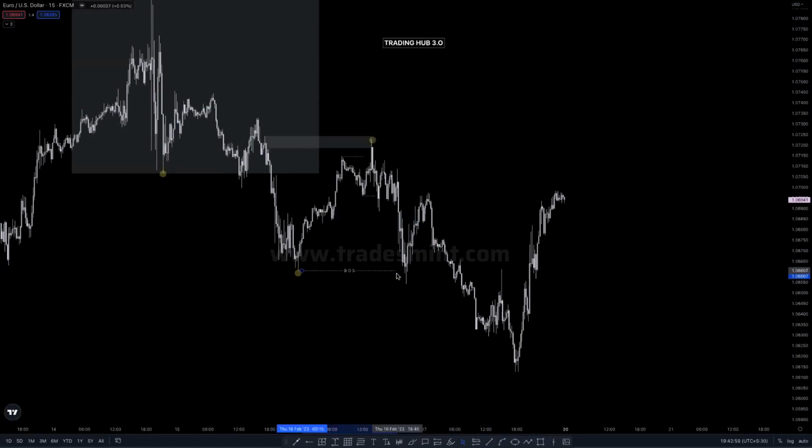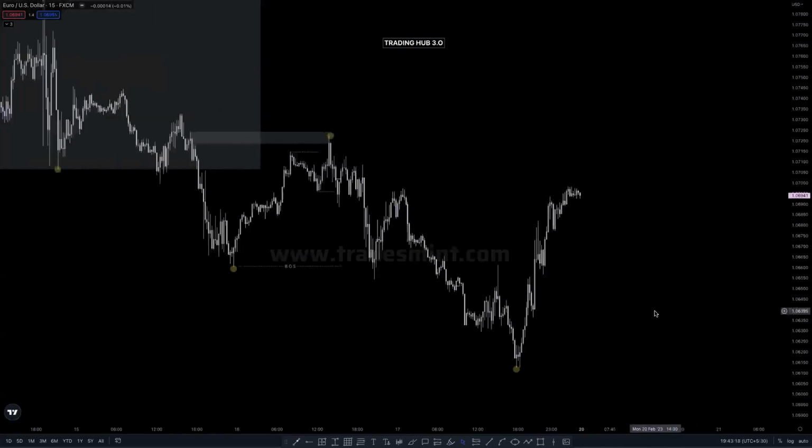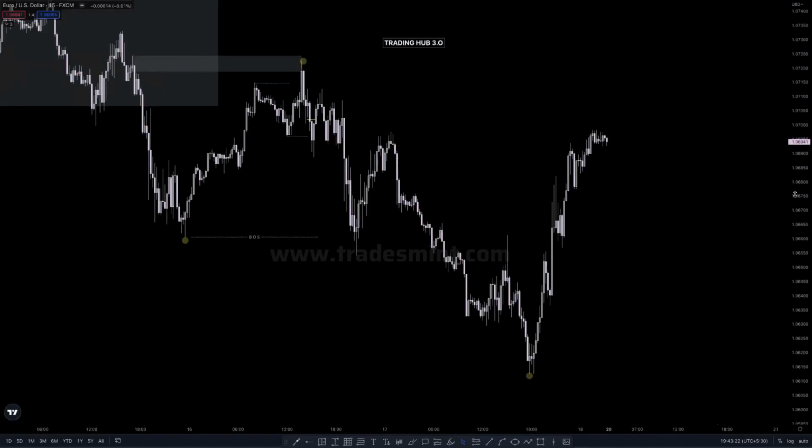The first time, this is just a liquidity sweep, and there is no inducement taken out.